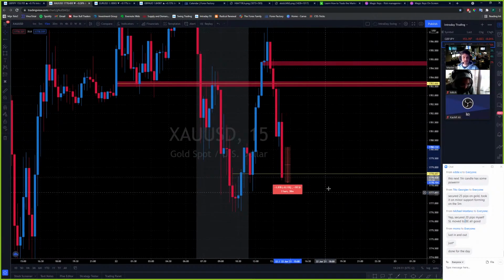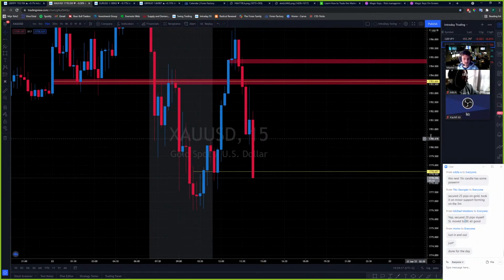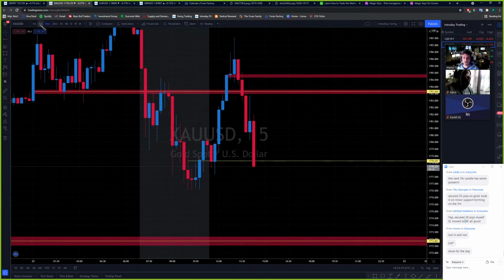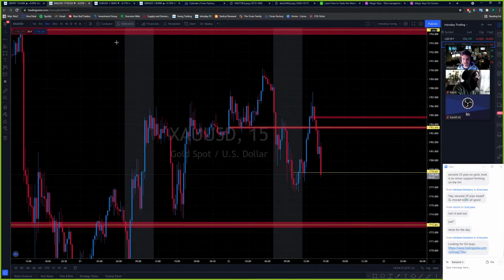Running 18 pips here. Yeah, I have a runner. That's pretty good. I was looking for that sell from there, but I'm like, nah. Today's not the session where we're gonna make back losses.